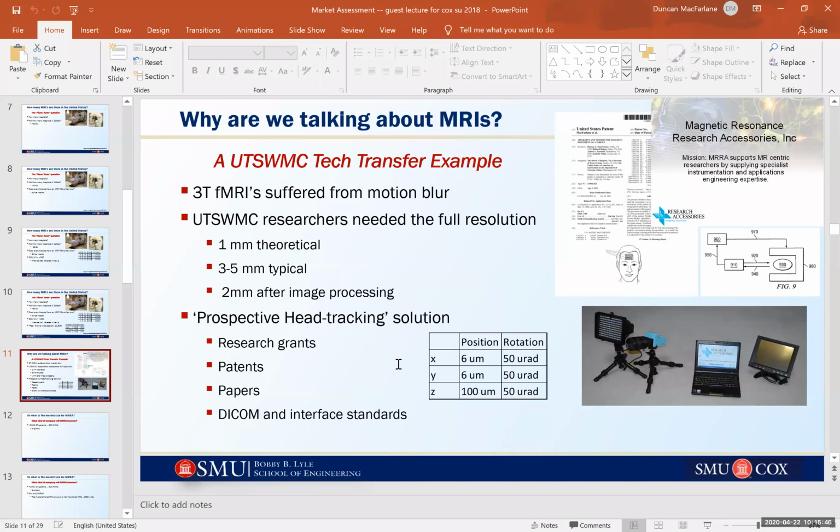And then eventually, for reasons that we hoped but couldn't count on, there were some standards that allowed an opening up of the machine to companies that would be making these prospective head tracking solutions. But when we started, it was by no means obvious that would happen.